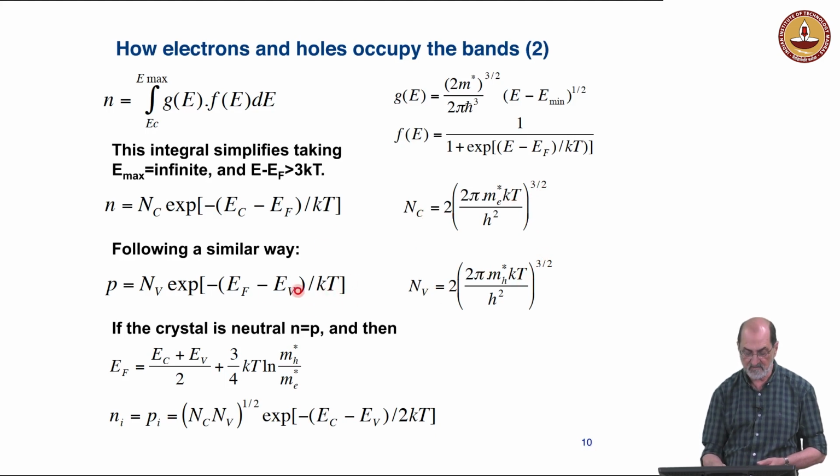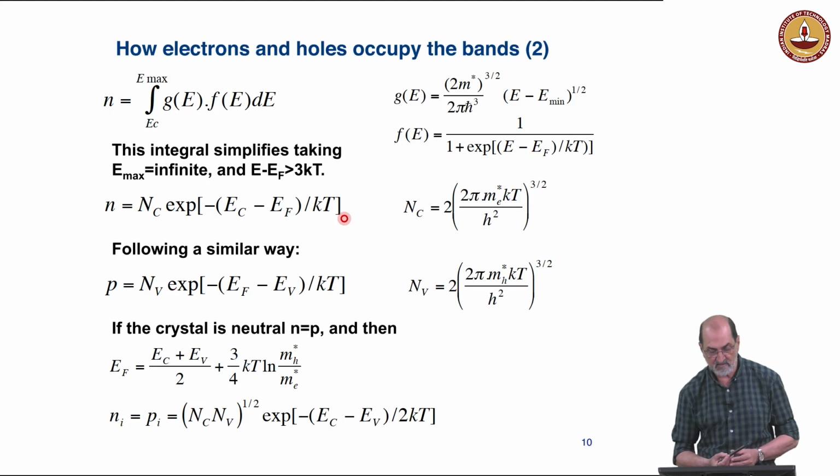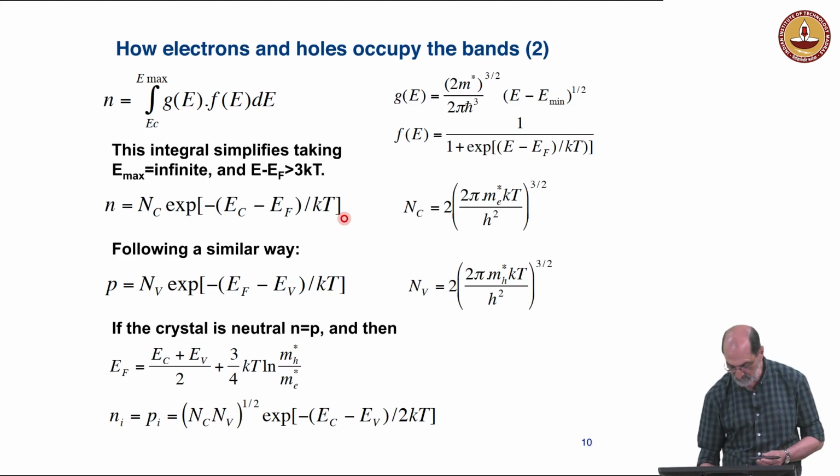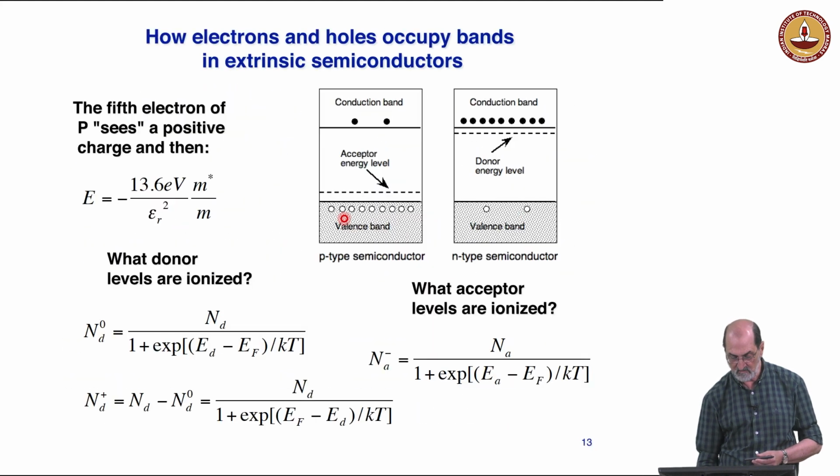As the temperature increases, the exponent is going to be smaller negative, so the product is going to increase a lot as temperature increases. But for a constant temperature, the product is constant, in the sense that it's independent of the Fermi level position.